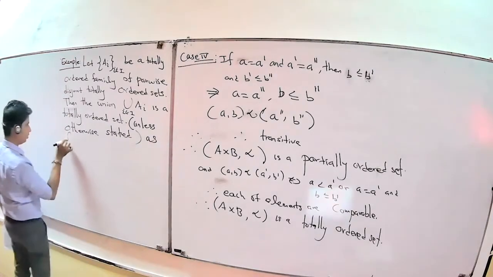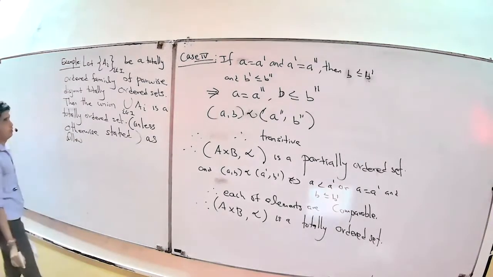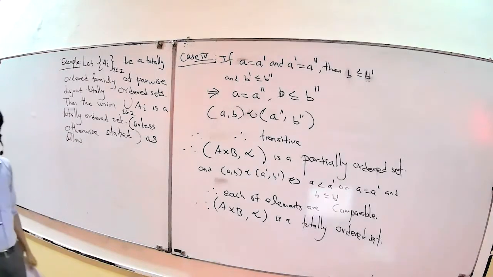That means suppose A_i are totally ordered sets, then the union of A_i is also a totally ordered set.